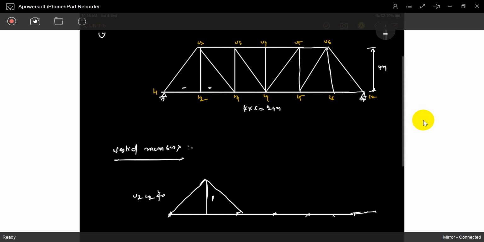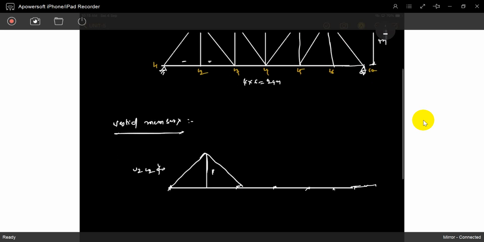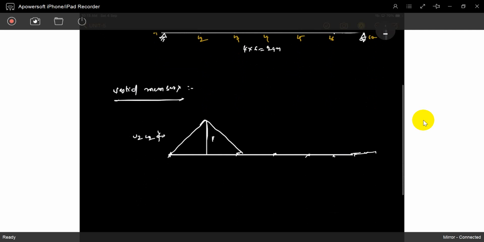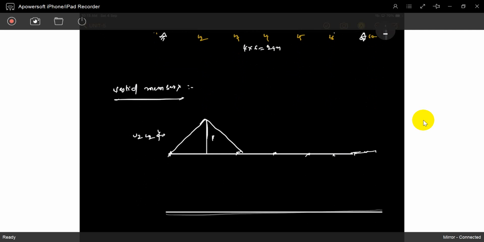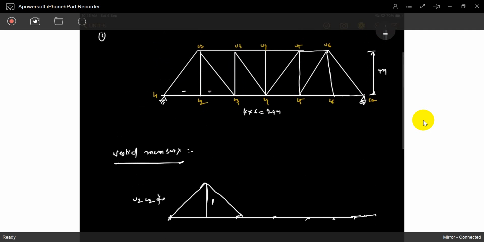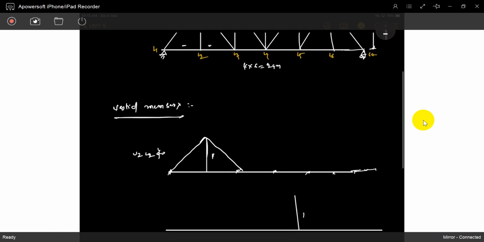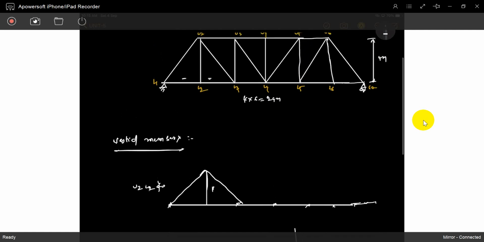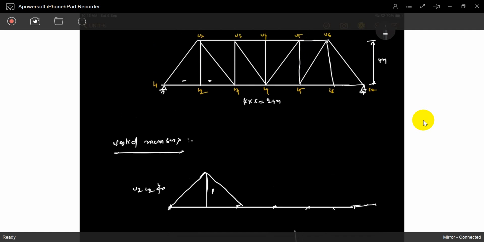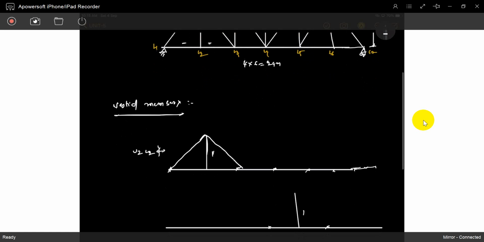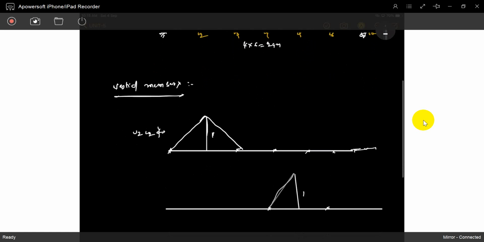U4, L4 is also the same thing. Exactly when the load is applied at L4 only, it will take 1. L1, L2, L3, L4. It's 1. The remaining joints are 0, but in between U3 to U5 or L3 to L5, it will get a small influence.